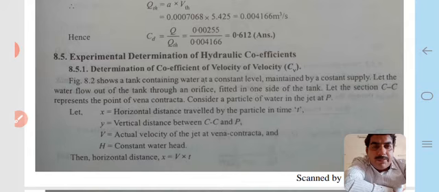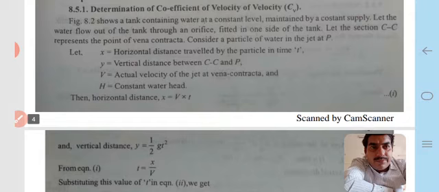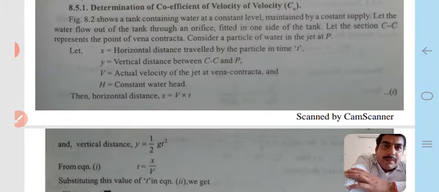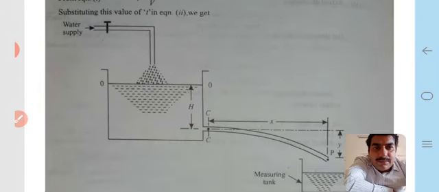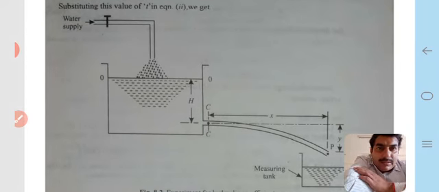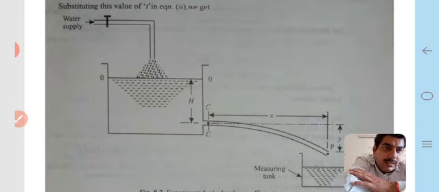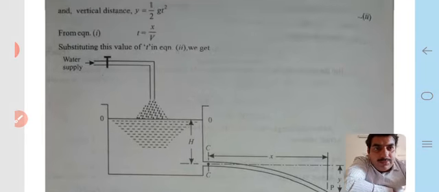Now, the experimental determination of hydraulic coefficient, that is, the determination of coefficient of velocity Cv. We take a tank and a water supply is to be provided so that the head is constant, and a measuring tank is set up at the exit point of the tank, where the orifice is installed.